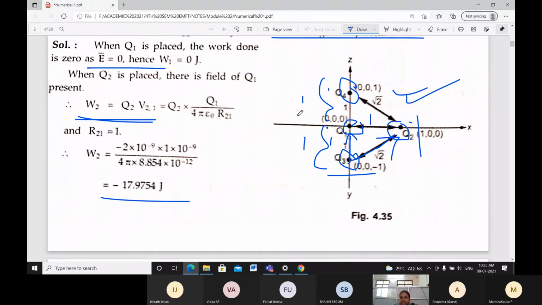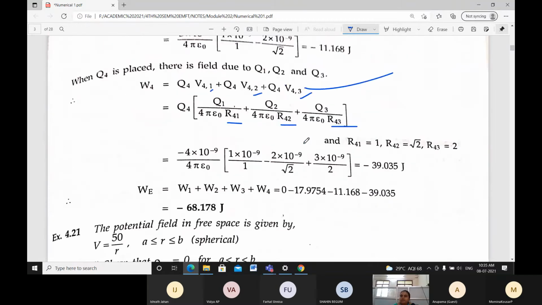The total distance you have to take. 1 and 1, its total is going to be 2, right? Based on that you have to take. Plus 1 minus 1 would come as 0, don't consider that. Total distance we want, that's it. Then substitute the distances and also the point charges in the equation. Then you will be getting minus 39.035 joules.